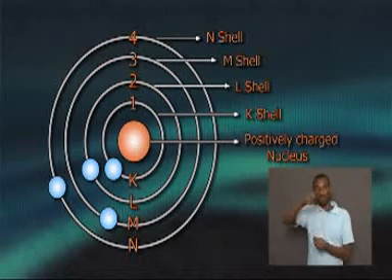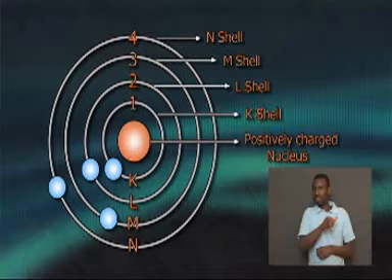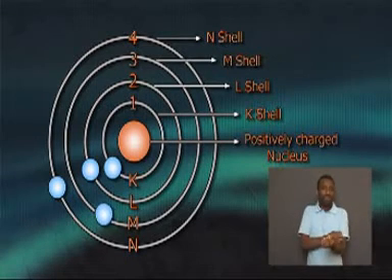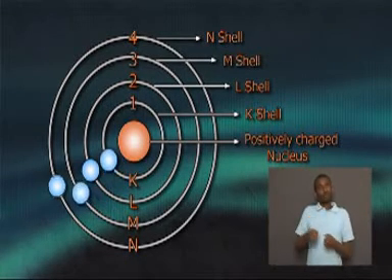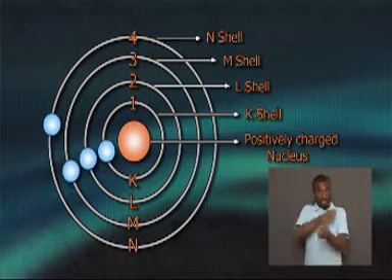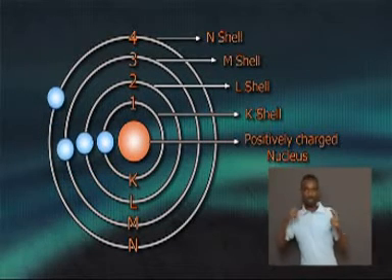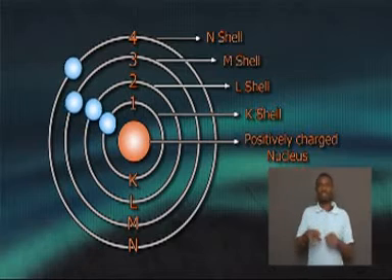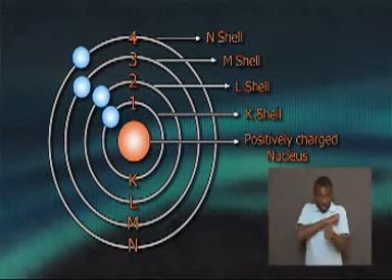His theory explained that electrons in a lower energy state would orbit further away, while the electrons with a higher energy state would orbit much closer to the nucleus.